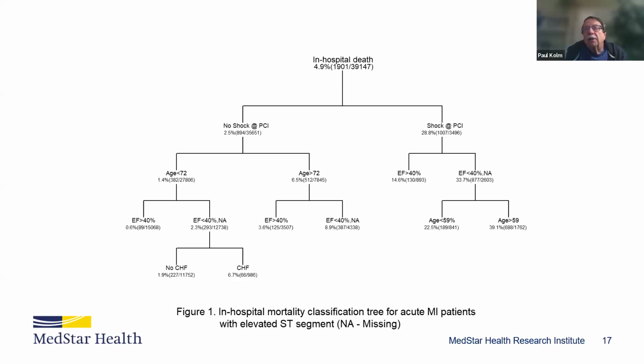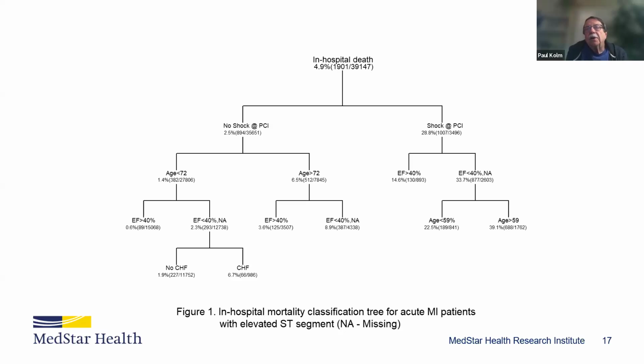And then for those that have an ejection fraction less than 40 or are missing, we have another split involving age, at 59: less than 59, and greater than 59. You can see that those greater than age 59 have a 39% death rate compared to 22.5% for those less than 59.